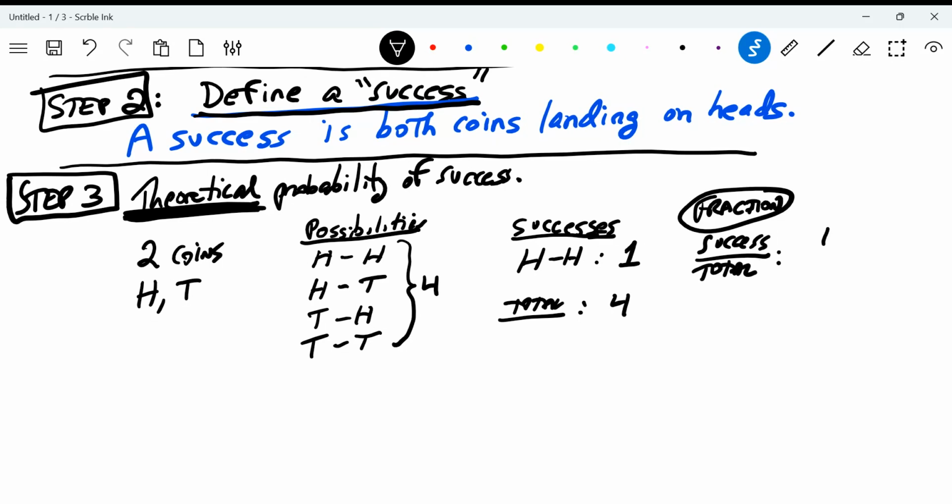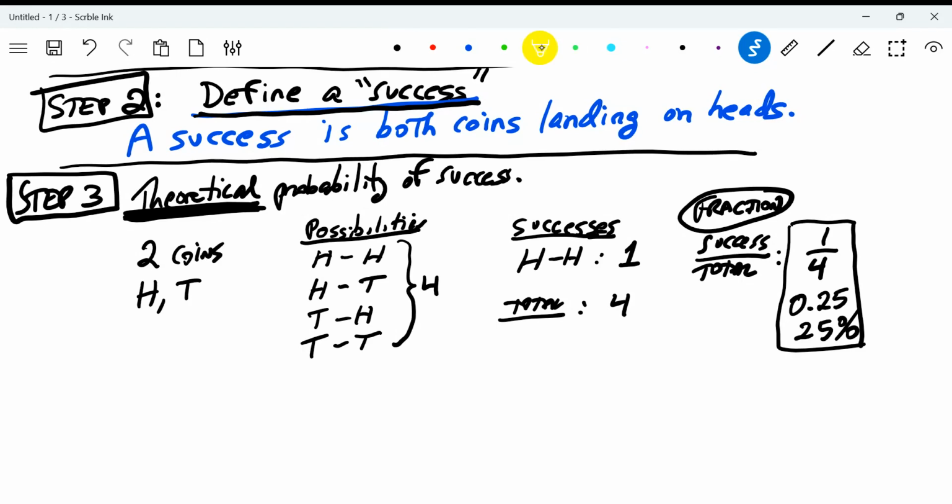And that's a 1 over 4, which can also be written as 0.25 or as 25%. So the probability of success is 1/4 or 0.25 or 25%.